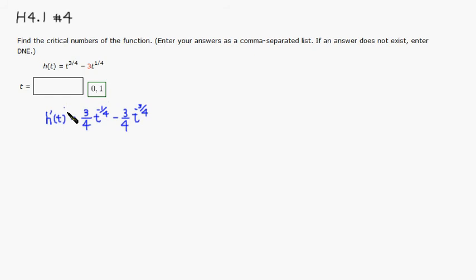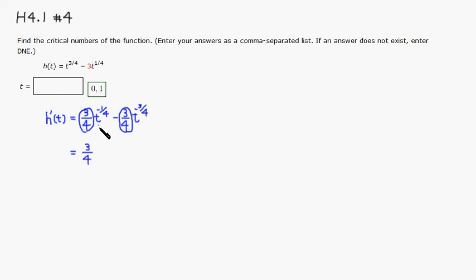right? Then I'm going to factor out what's in common. The obvious one is 3/4 here. Both terms have 3/4 there. So factor out 3/4, right?